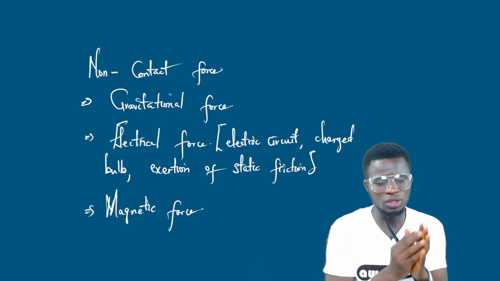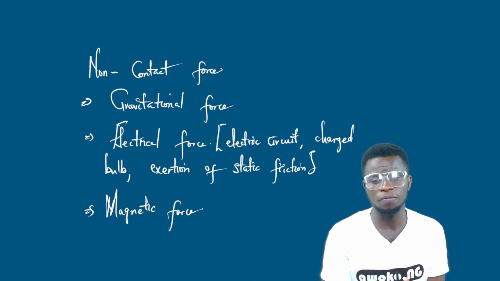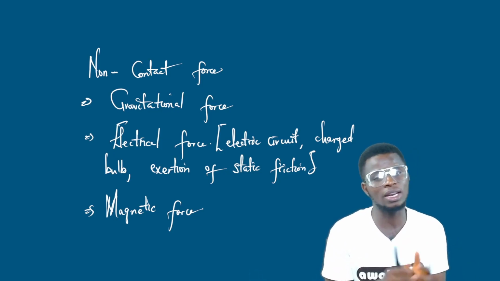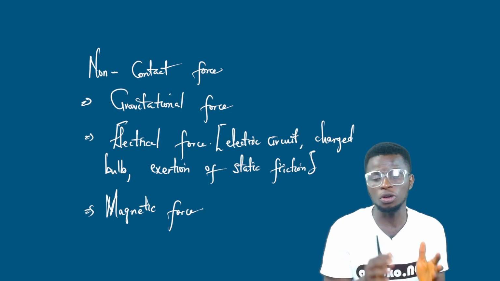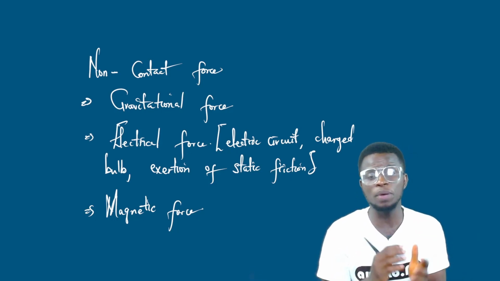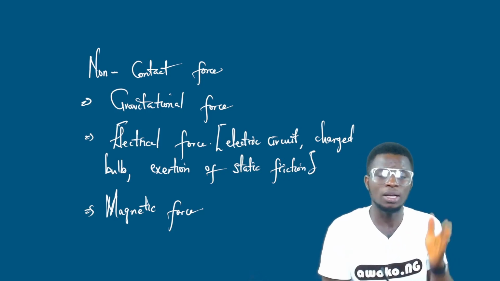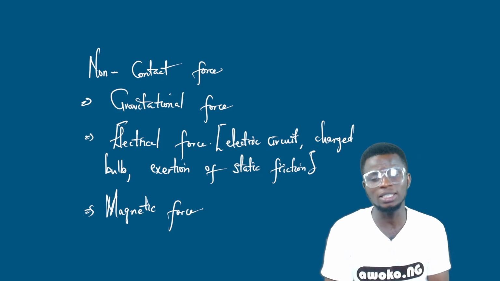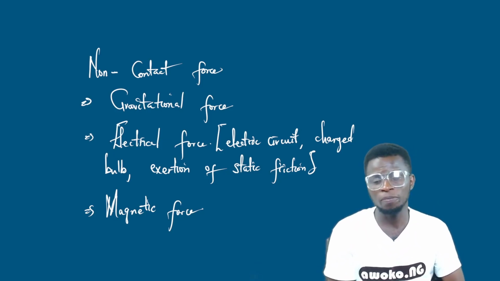All right, so these are common examples of non-contact force. So by now, I'm sure you should be able to confidently list some examples of contact force and some examples of non-contact force, as well as identify the basic differences between the contact force and the non-contact force. And this is where we'll draw the curtain on this particular concept.